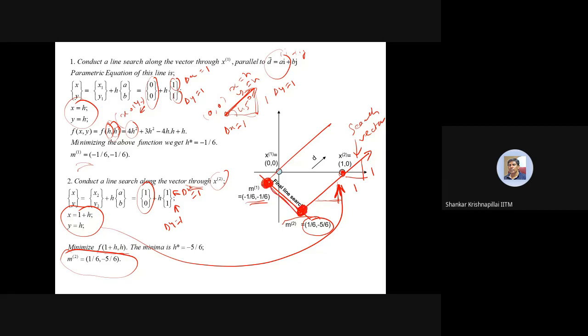Now you have to do the search between them. So what is this parametric equation? That we'll see in the next slide. This we can take as the starting point, this we can take as the ending point.